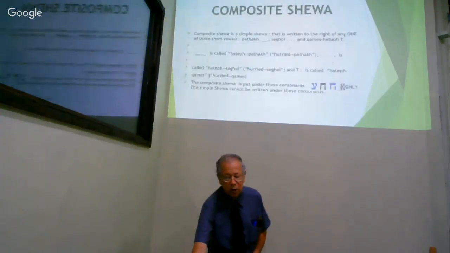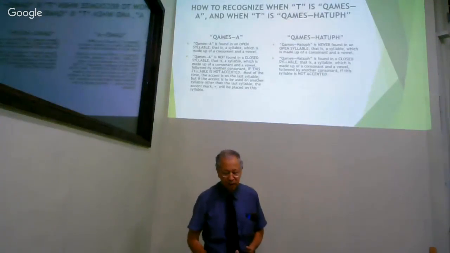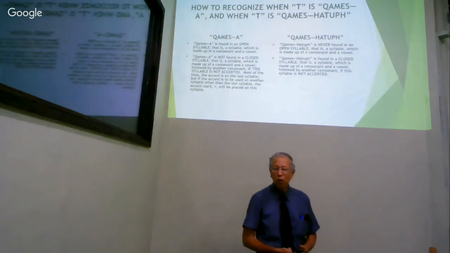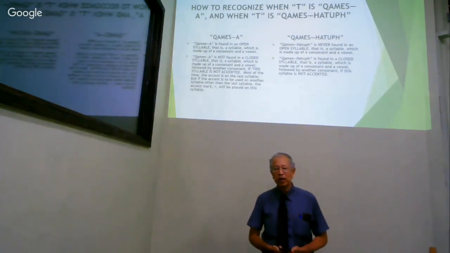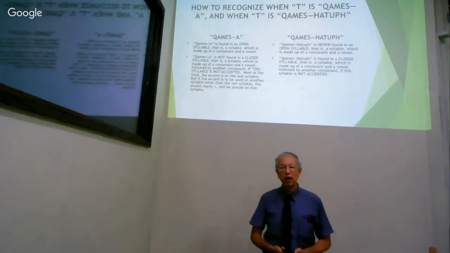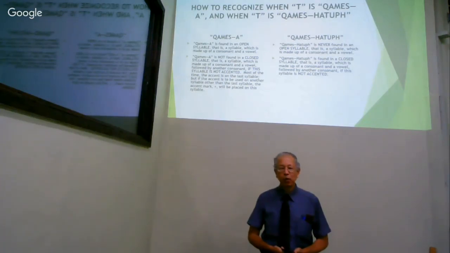So I'm going right over to Qames-Hatuph, and that's it there on the screen. How to recognize when what looks like a capital T in English is Qames-A, that is the long R sound, and when that symbol that looks like our capital T in English is Qames-Hatuph, which is a short O sound pronounced up, like in top.